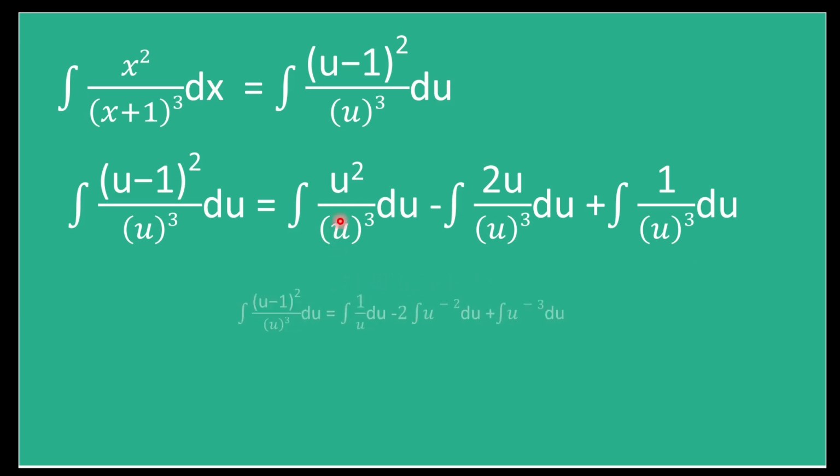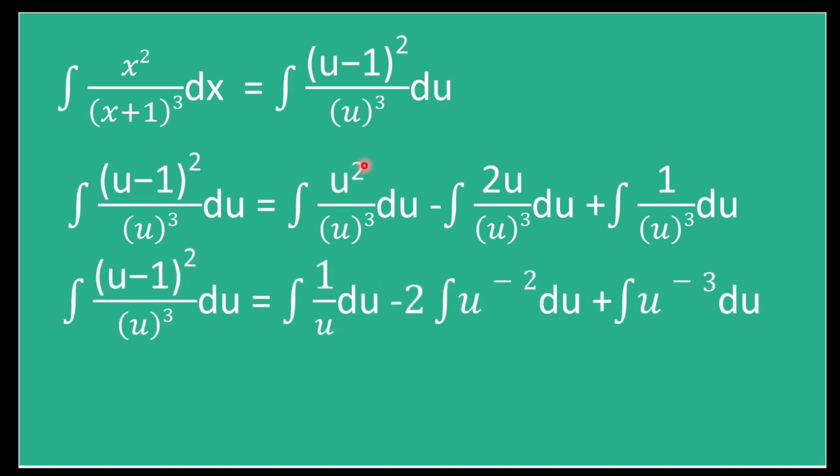And now u squared and u cubed will become 1 divided by u, and here the 2 will come out of the integration.